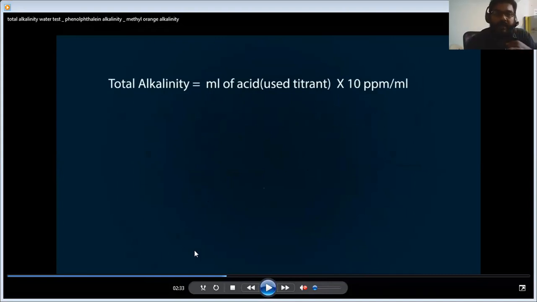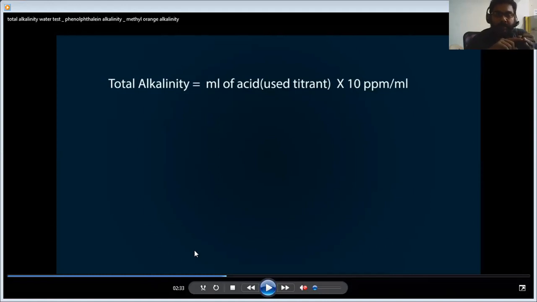The alkalinity of an unknown water solution is estimated this way. We don't know how much alkalinity there is, so we calculate it by this experiment. The burette is filled with acid, and the conical flask has water with 2 or 3 drops of phenolphthalein indicator, forming a pale pink color.